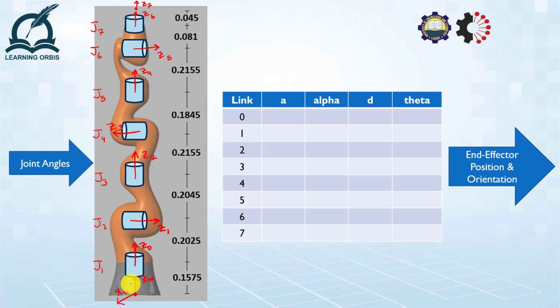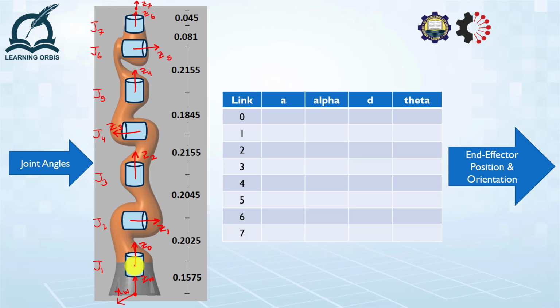Now for the next x-axis, which will be X0, I have to follow the convention laid down by the Denavit-Hartenberg representation. X0 can only be intersecting and perpendicular to the previous z-axis, which is ZW. So X0 can come out of the plane of this video at this point, or maybe at this point, or any other point. The most suitable point is this one, because we know the distance between the world frame and this point, which is given over here as 0.1575.